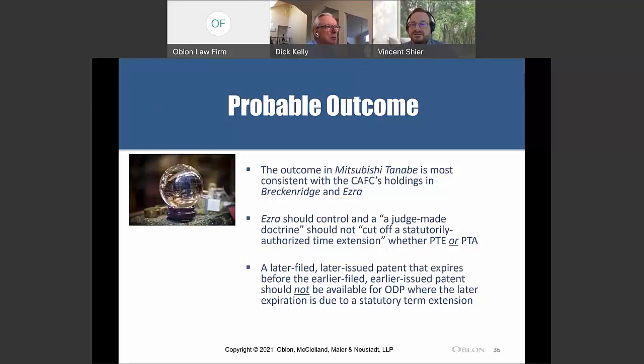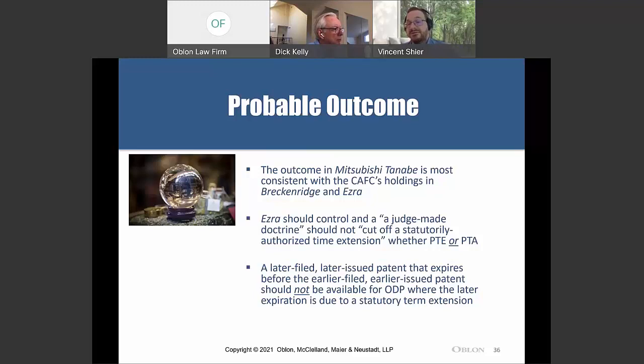It is most consistent with the Federal Circuit's decisions in Breckenridge and Ezra, and in fact, I don't think it runs contrary to the outcomes in Gilead or AbbVie. And in fact, the overriding point that Ezra was making is that we shouldn't allow a judge-made doctrine to cut off these statutorily authorized time extensions.